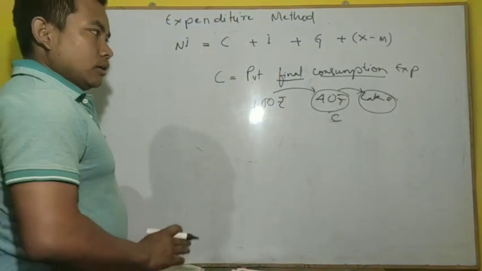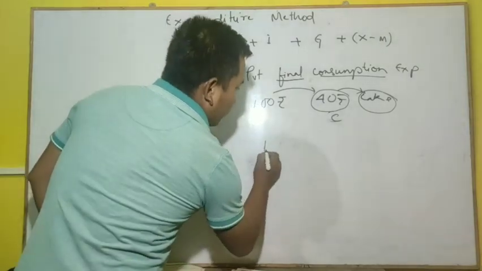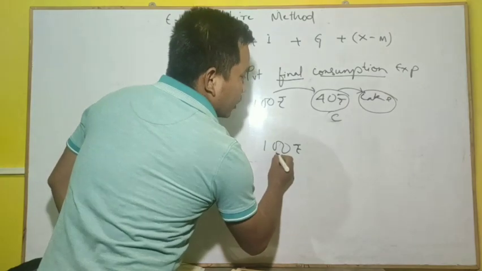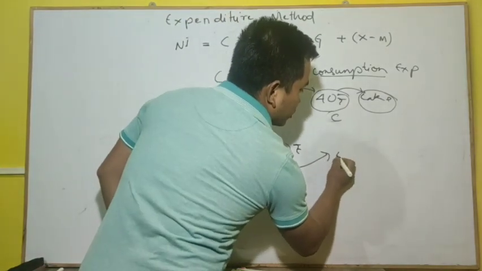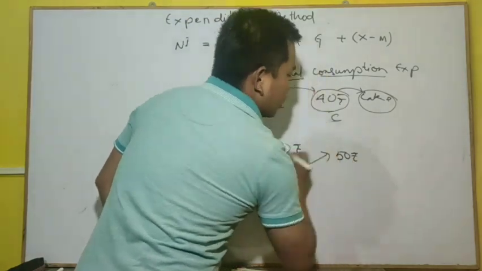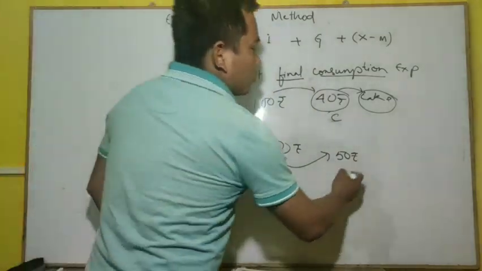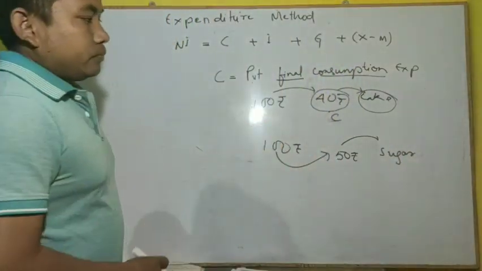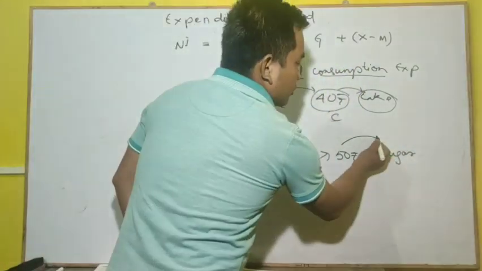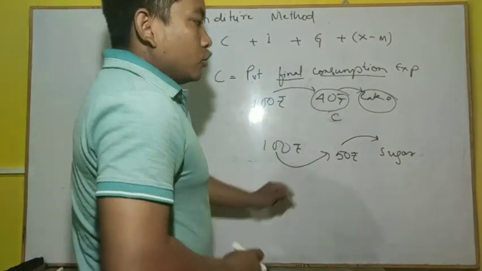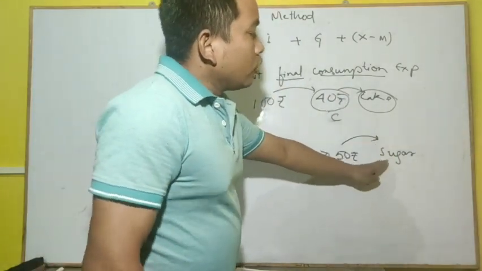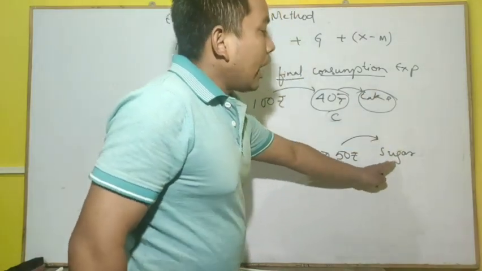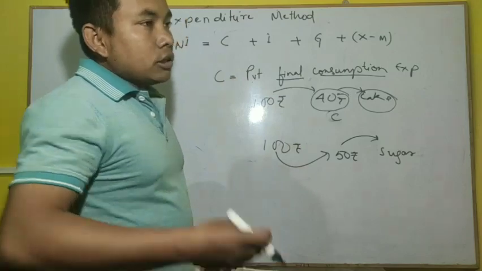On the other hand, if you have rupees 100 and, just as an example, you spend 50 rupees on buying sugar from a shop. Why are you buying this sugar? Let's assume you are buying it because you have a hotel. In that hotel, you are going to use this sugar and sell tea to customers.